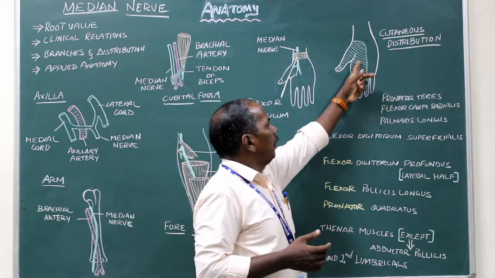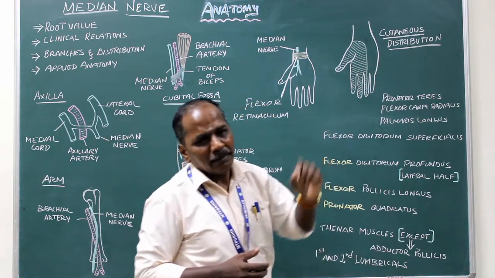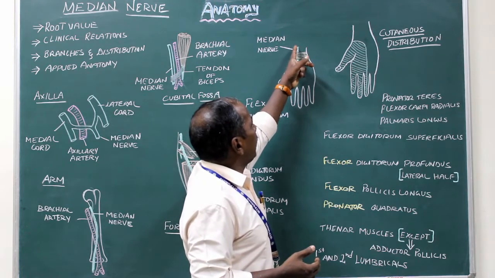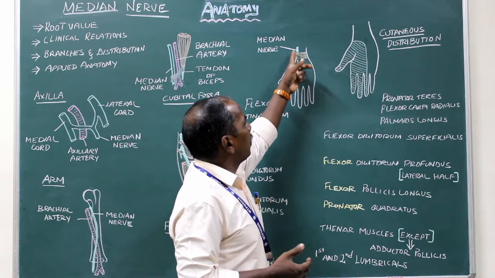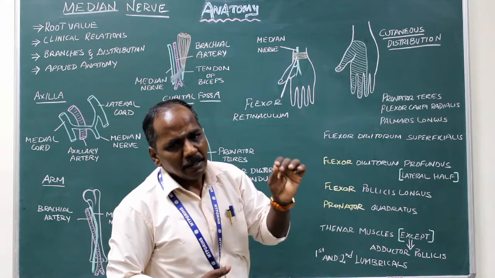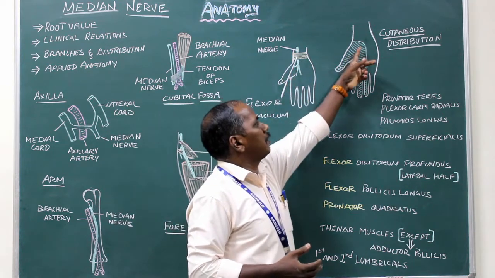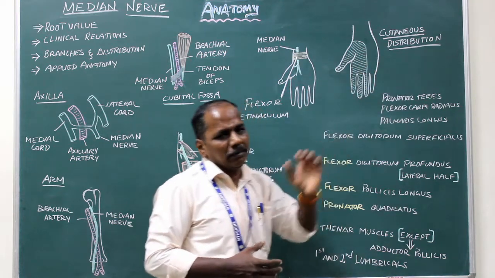Whereas the skin over the lateral half of the palm is supplied by a cutaneous branch that arises 5 cm above the flexor retinaculum.